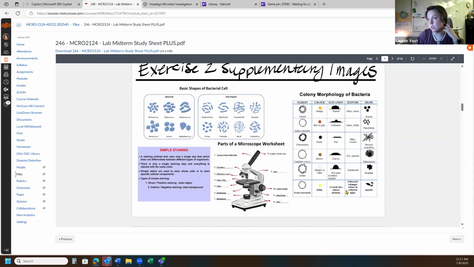It's going to be one of these kinds of terms is what I'm going to say. It's not just going to be convex. Most people know what that means. It's not going to be that. It's not going to be matte. It's not going to be mucoid. It's going to be one of these other terms. Okay. Know that it is a colony morphology term. I'm not going to ask you what it means. You're welcome.